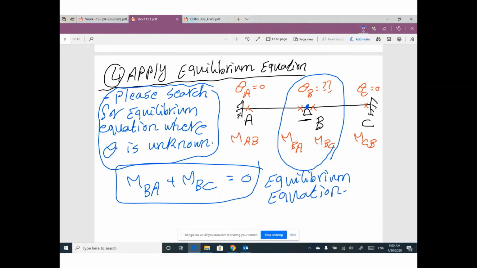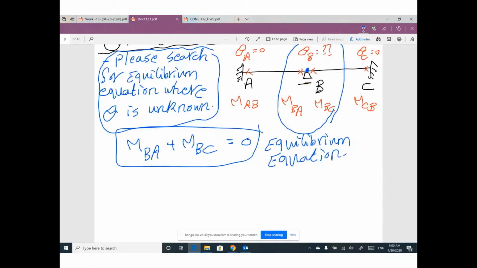So one more thing. Please search for equilibrium equation where theta is unknown. I cannot say MAB equals 0 because theta equals 0. At C, I cannot, but at B, theta is unknown, so my equilibrium equation will be here.